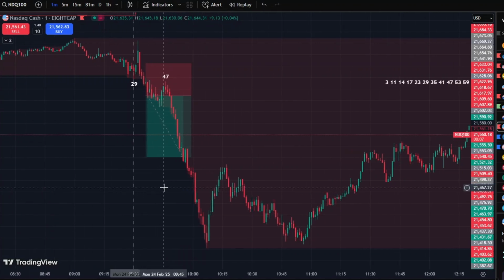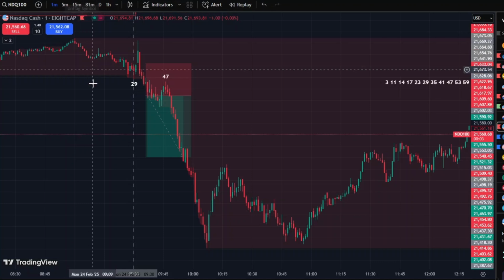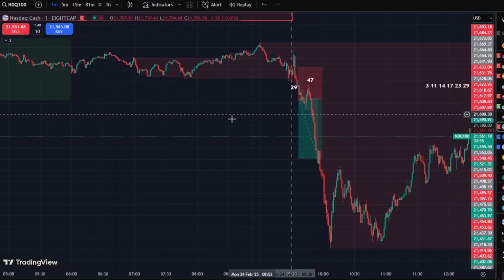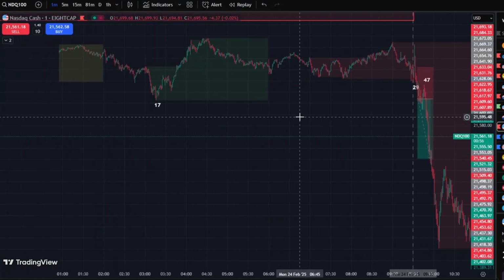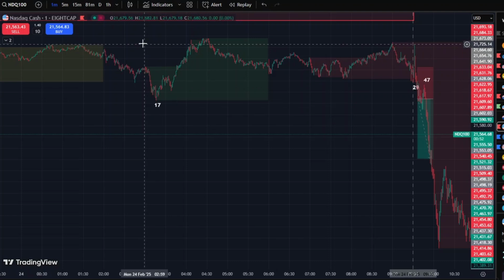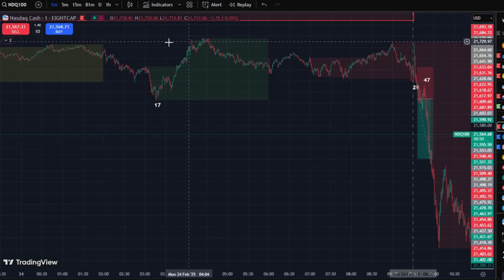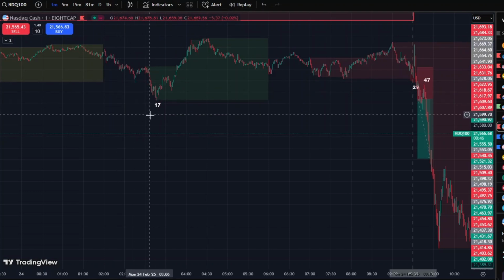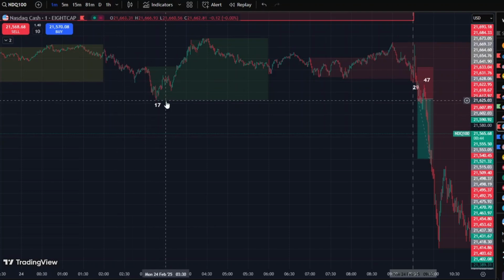So let's see what happened here. Like I said, I always wait for a sweep. Before I went short here, it was a sweep of the Asian high here in London. It swept the low, and this is the 17.